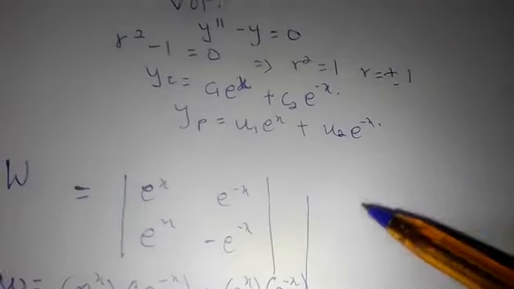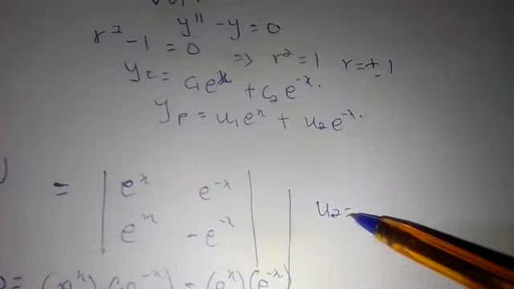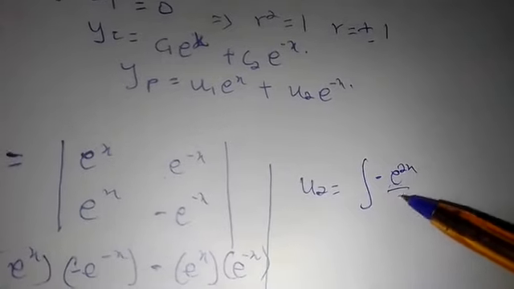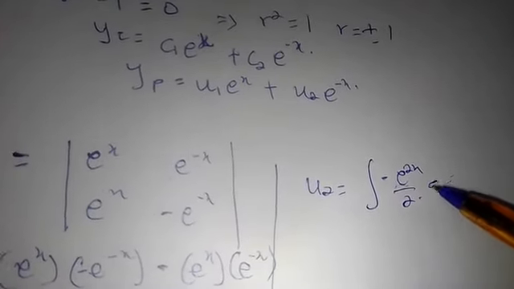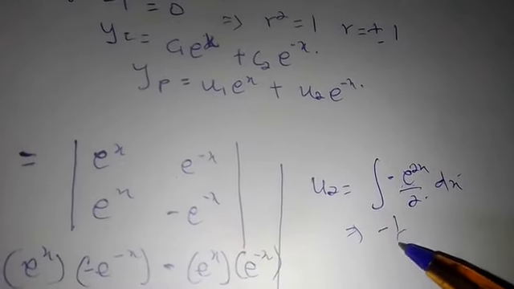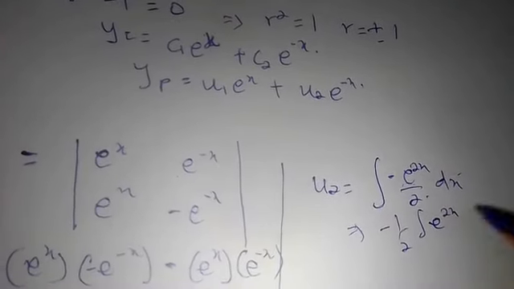If I have u prime 2, I can find my u2 to be equal to the integral of negative e to the power 2x over 2 dx, and that's going to give me negative 1 over 2 times the integral of e to the power 2x.